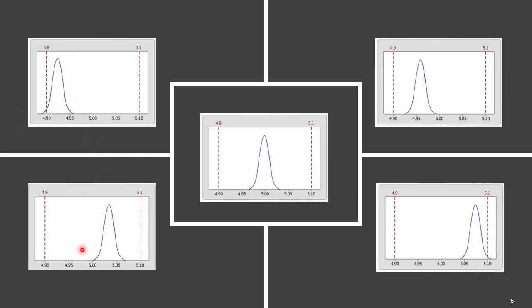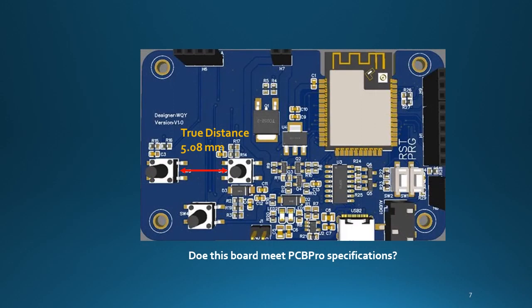So if the true distance between components on this board falls within the acceptable range of values, then the board meets specifications. So how does a percent tolerance of 47.98 affect our ability to distinguish between boards that meet specification and boards that don't?